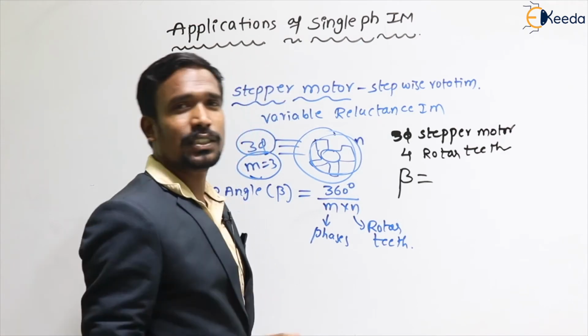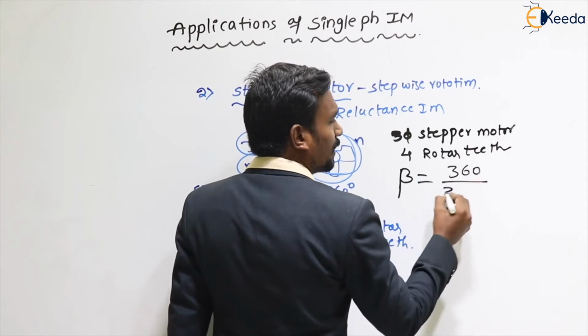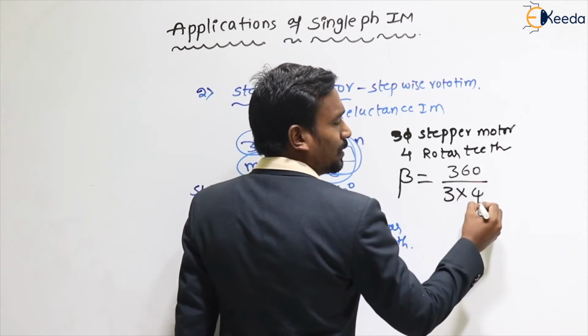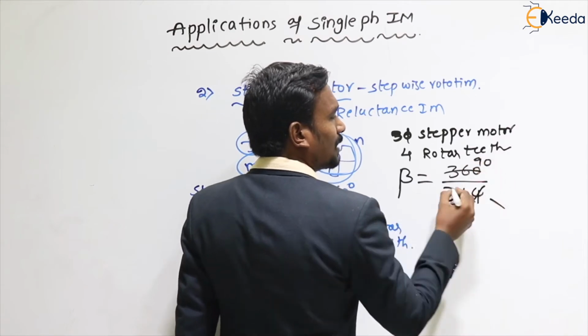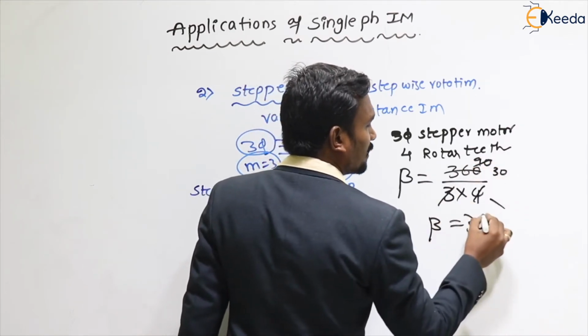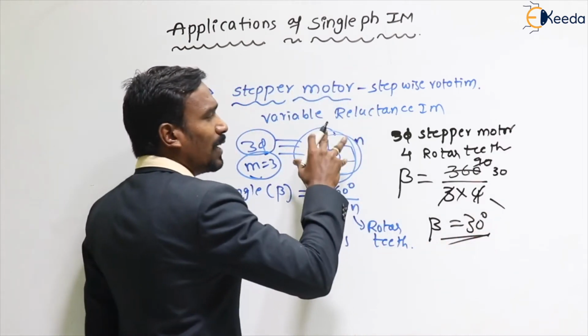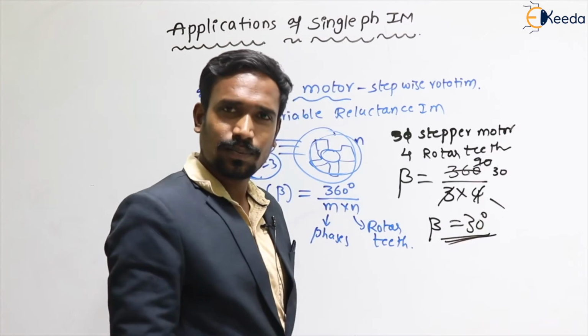Like that they may ask you questions. Beta is equal to 360 degrees divided by m into n. 360 divided by 3 into 4, that is 30 degrees. So the step angle is 30 degrees. Nothing but for one step the rotor rotates by 30 degrees.